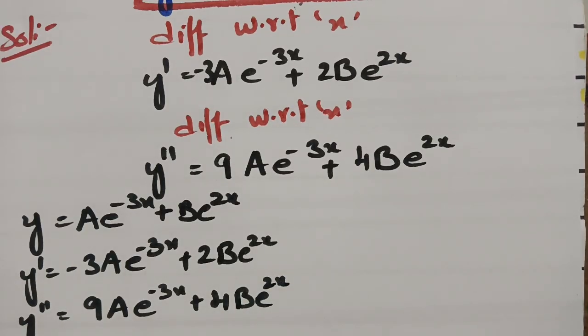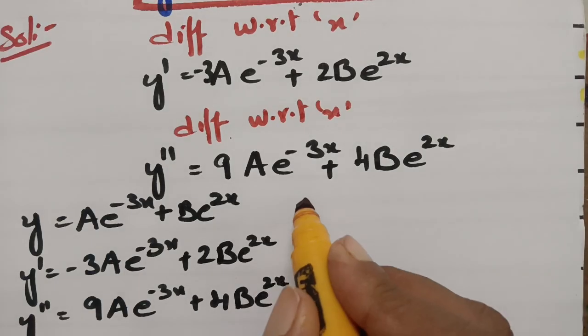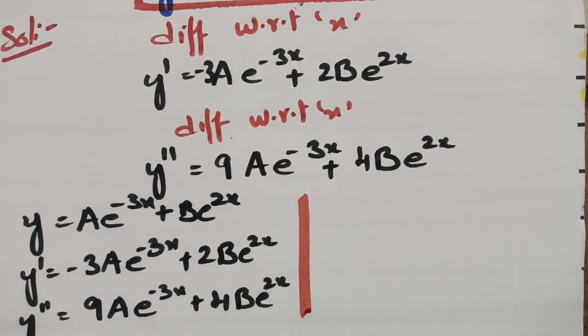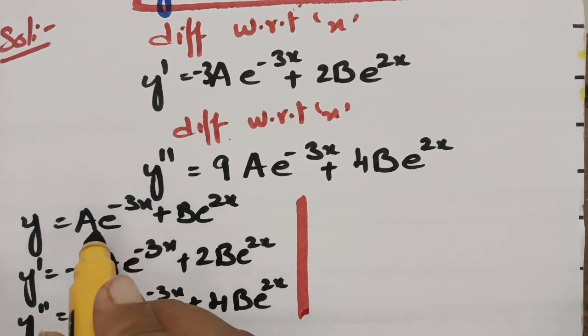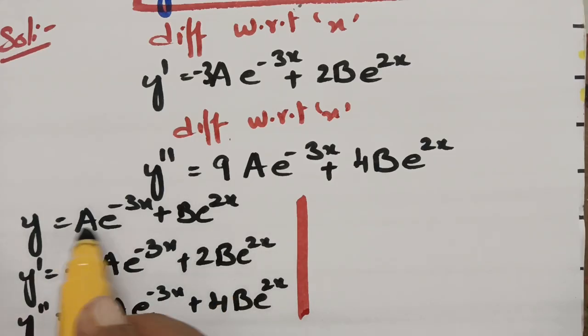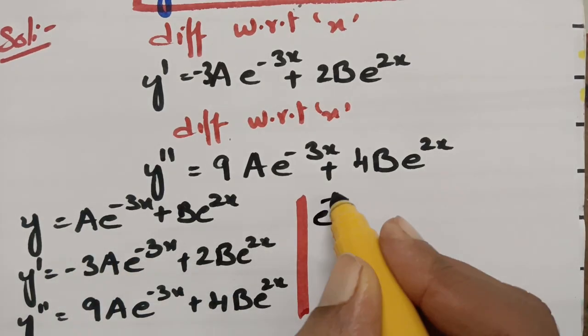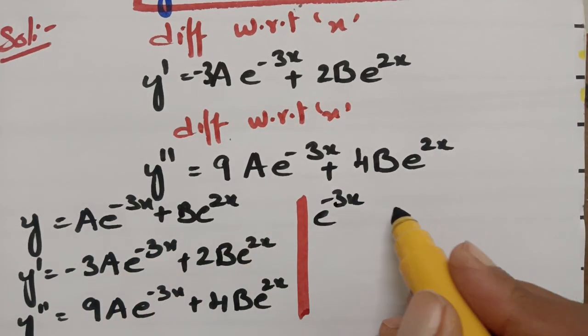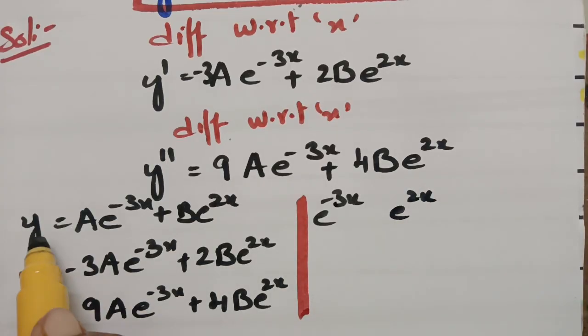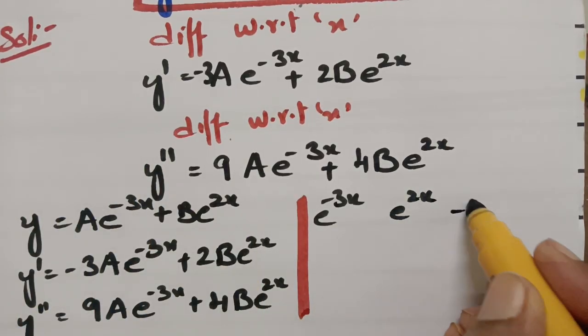Now how to eliminate this? Here is the determinant I am using. In this determinant, we take the coefficients of capital A and capital B. The coefficient of A is e power minus 3x and of B is e power 2x, and the y value here is minus y.